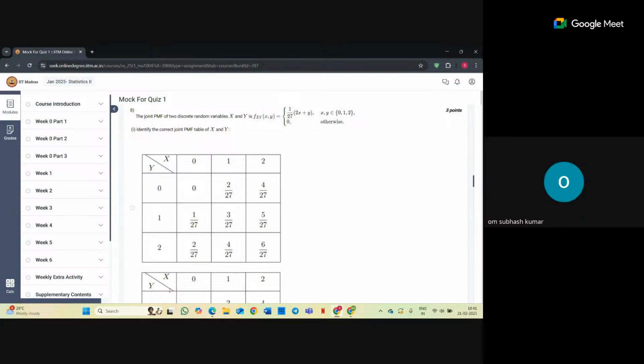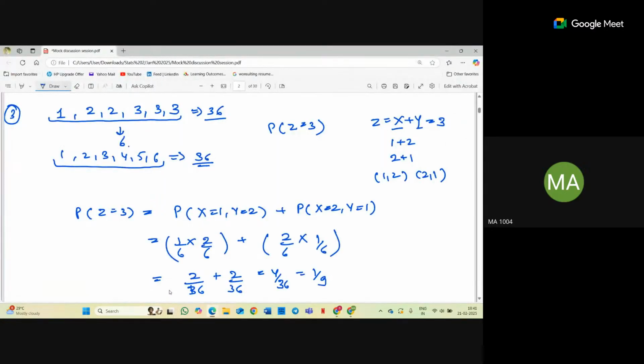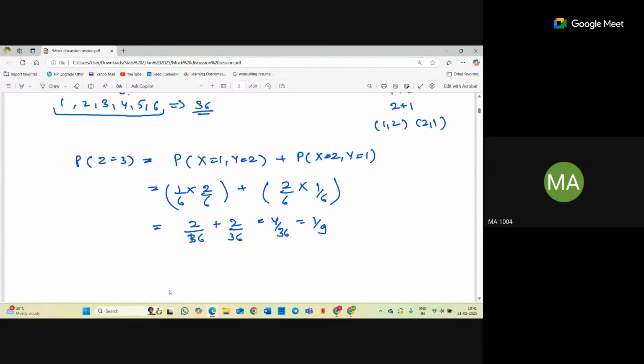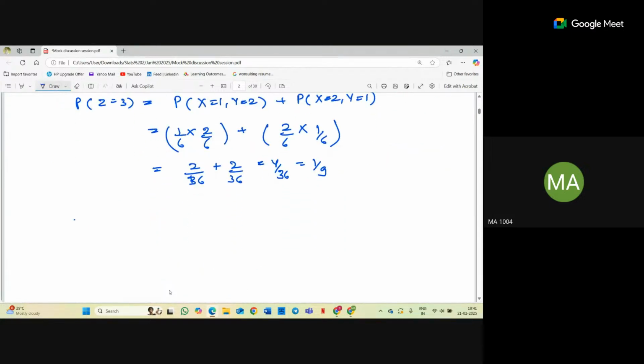Ma'am, can you explain why we put it equal to 1? Because we know that the sum of the PMF is equal to 1. In integration also, we know that the summation of the PMF is equal to 1 for the discrete case.